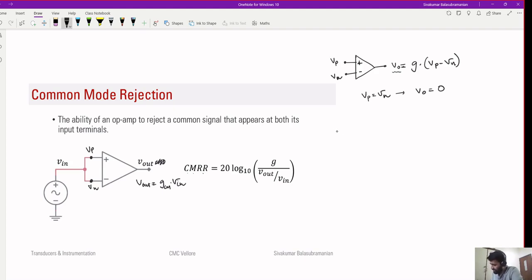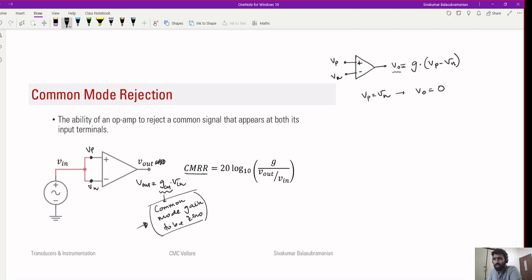But what we would ideally like to have is this common mode gain to be 0. And for a real op amp, we quantify or measure the ability of an op amp to reject a common signal that appears at both its input terminals by this parameter called common mode rejection ratio, or CMRR.